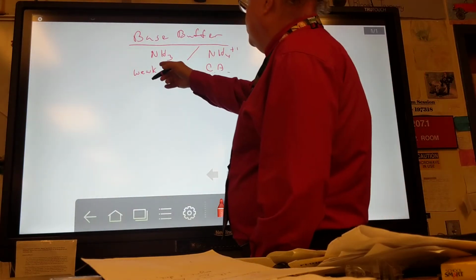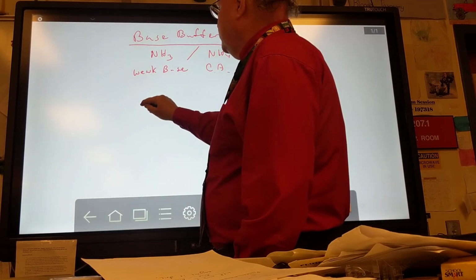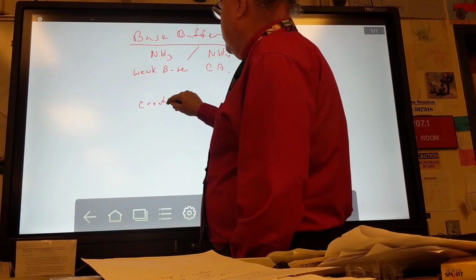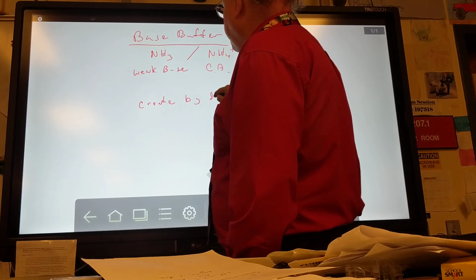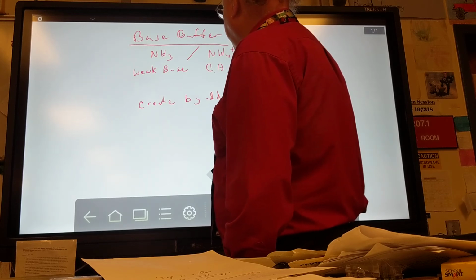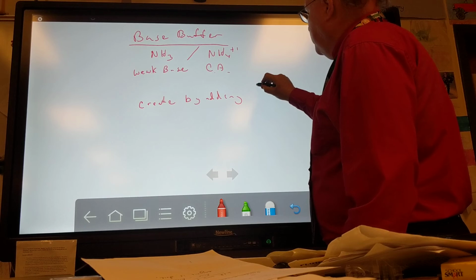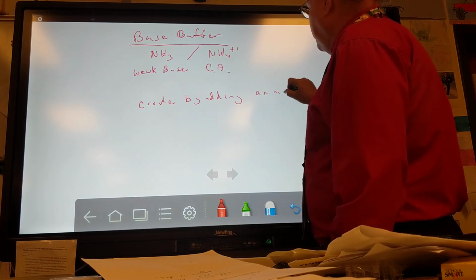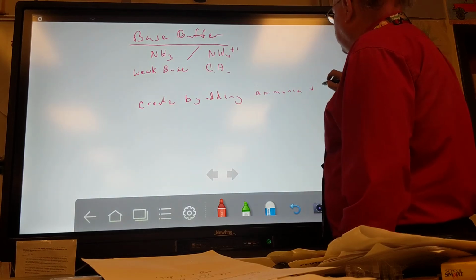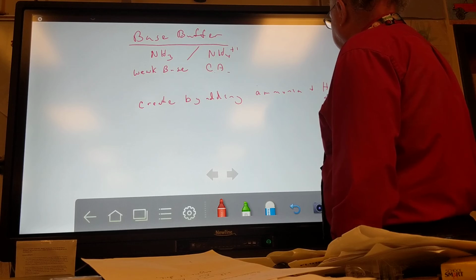Besides just putting these two in, I could create it by adding ammonia plus hydrochloric acid, a strong acid.